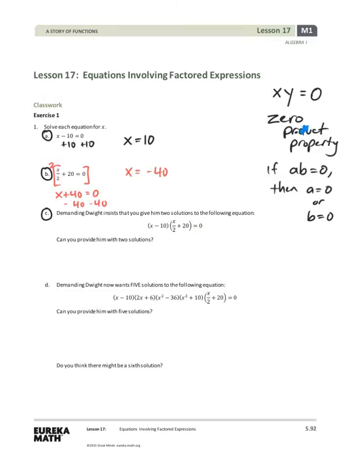So according to my zero product property, either this is 0 or this is 0. So if I were to provide two solutions, I would say that one solution is 10, because if I plug 10 in here, I get 0. And the other solution is, when is this 0? This is 0 when x is negative 40. So my other solution must be negative 40.